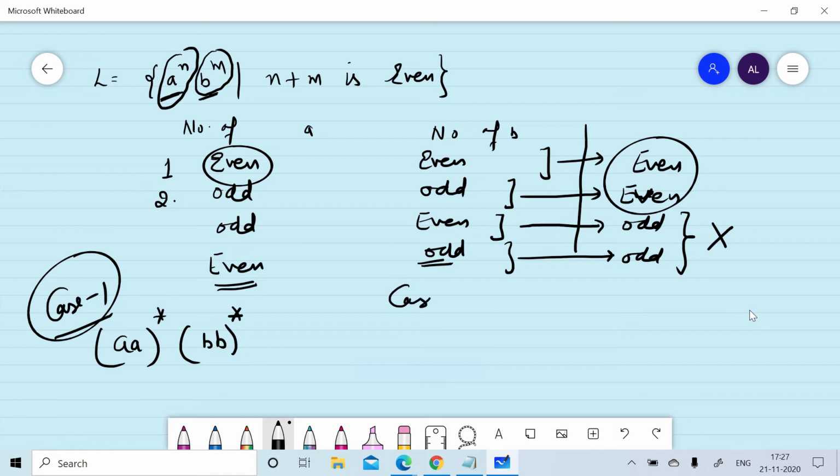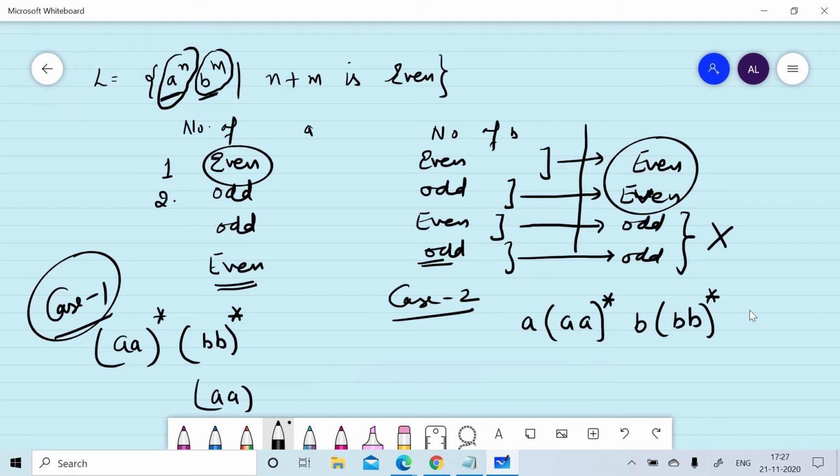Now we will consider case 2, where the number of a is odd, and its corresponding regular expression is a(aa)*, followed by the number of b that is also odd, so it can be represented by b(bb)*. So the final regular expression is (aa)*(bb)* + a(aa)*b(bb)*.